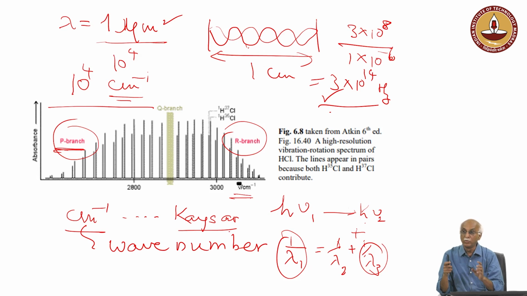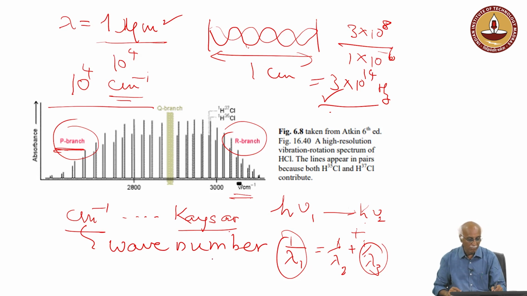But if I tell you the wavelength is 532 nanometer and there is a frequency shift of 4000 centimeter inverse, or some small amount of frequency shifting, you will have to convert them into reciprocals, add, subtract, etc. Some mathematics becomes easier, that is all.